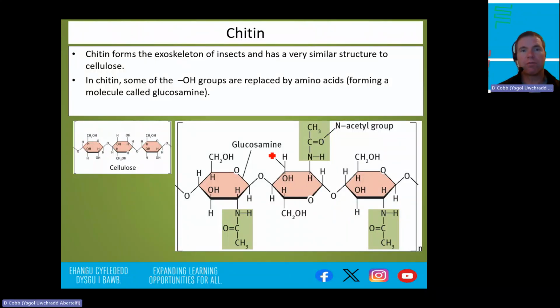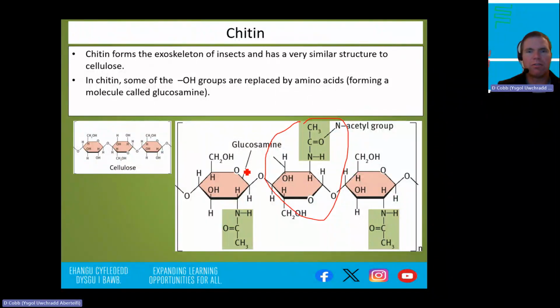Those amino acids can form cross-links with each other, in the same way that OH groups formed cross-links, hydrogen bonds, with each other. Okay, so we still get that same idea of strength as a result of the cross-links between adjacent parallel chains. This here is referred to as glucosamine because you've got like a glucose molecule plus an amine or amino acid.